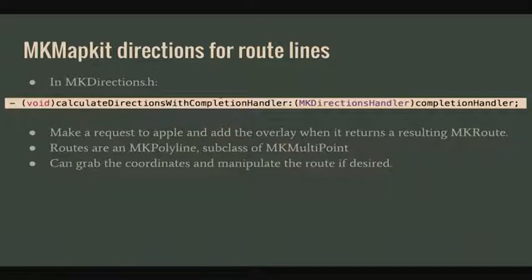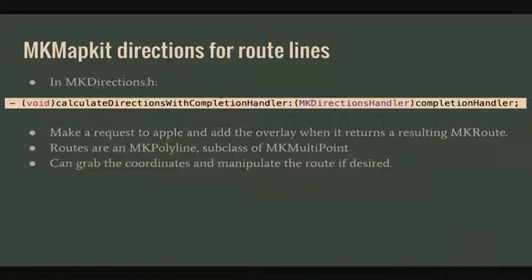So now I think I'll go over a little bit about routes. When you're making a route line, it's actually really easy. I haven't really done it with Google, but I'm assuming it's just as easy. In Apple, you make an instance of MKDirections, and you just call calculate directions with a source and a destination, and it gives you back a route that has a polyline.